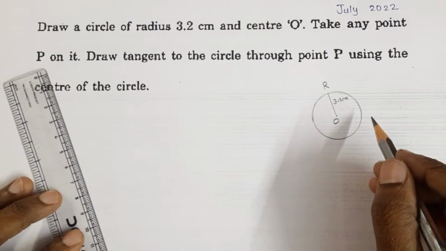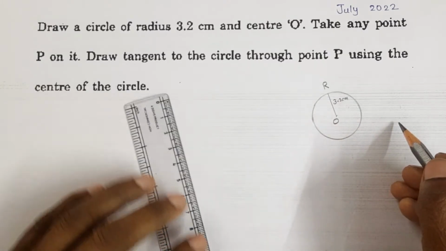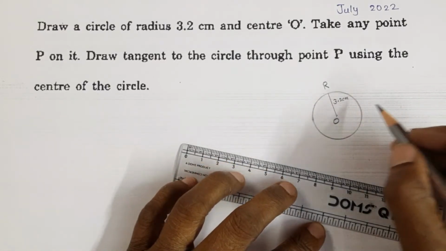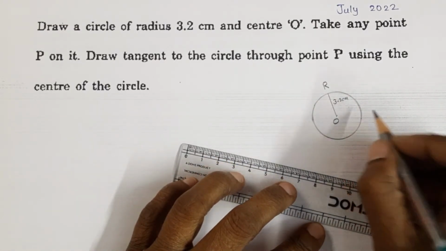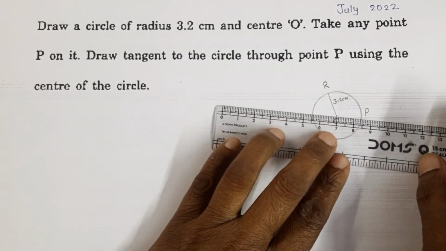Draw a tangent to the circle through point P using the center of the circle. Take the point P here on the circle.